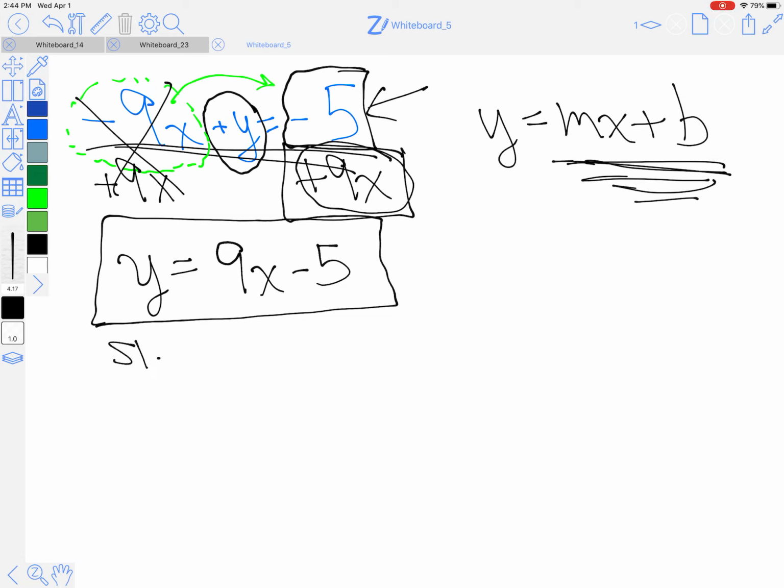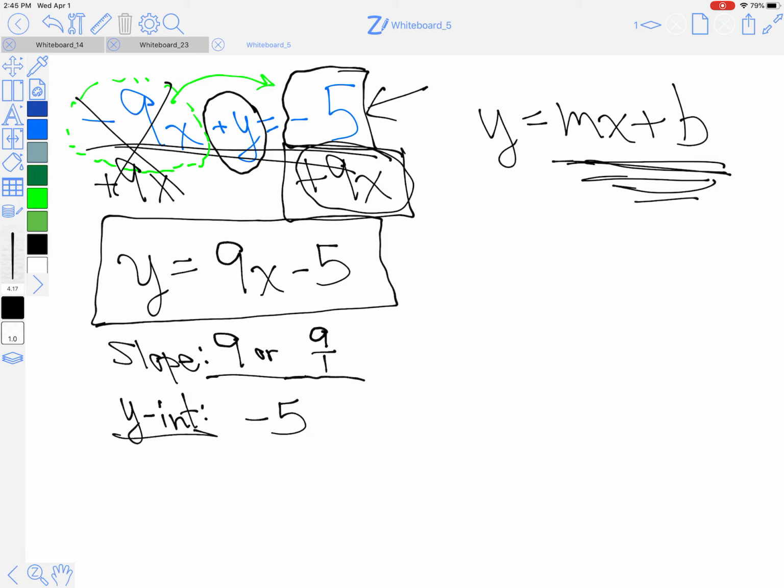And make sure you say that it's negative 5, or that you say minus 5. Don't forget about that negative sign. So when I look at this, I know the slope is 9, or what could I say? 9 over 1. So when I graph it, I understand it a little easier. And my y-intercept is negative 5.